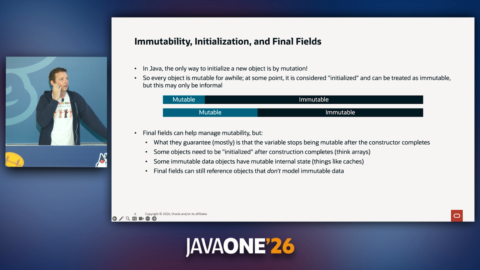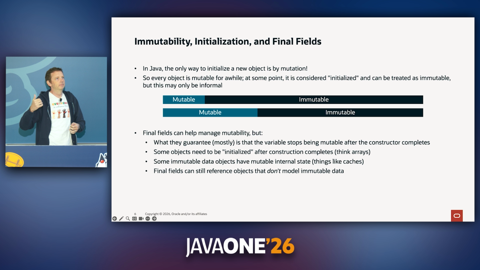Even if those fields will never change again, there's at least one mutation going on. And so it's a little more complex than to say that the thing is immutable. The thing starts out as a mutable object, and at some point you declare, okay, now I'm not going to touch it anymore. It's immutable. Often, that's at the end of the constructor. It could also be later.